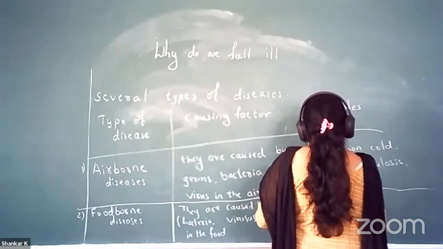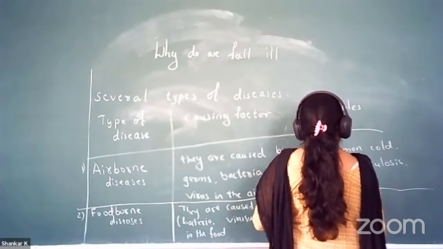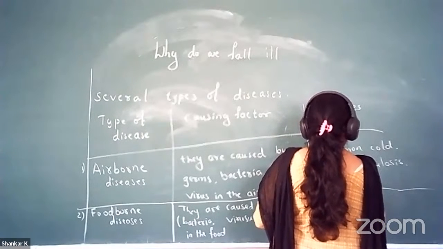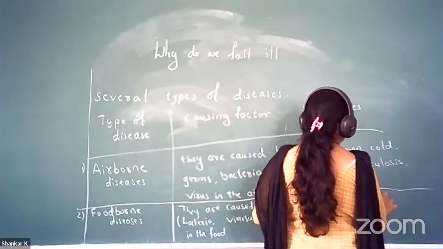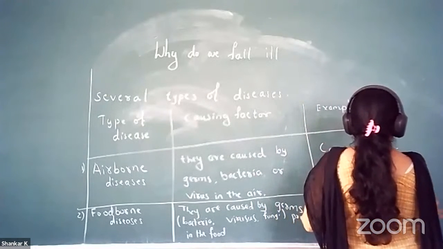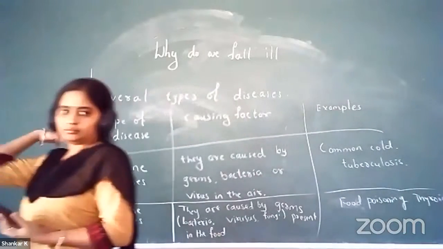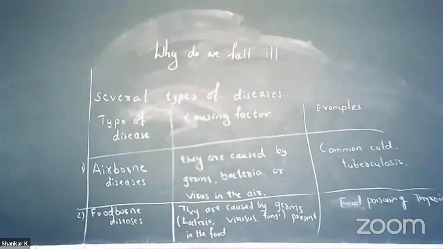So food poisoning comes from this. For example, food poisoning and typhoid happen.